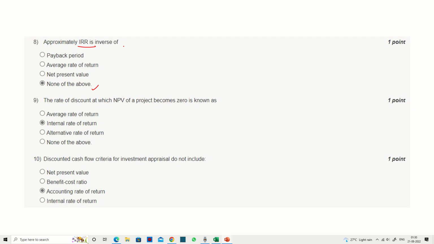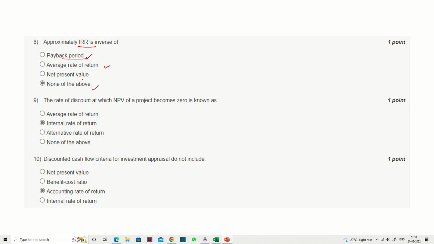Internal rate of return is not the inverse of payback period, because this is the time while this is the rate of return, and this is the time by which investment in a project is recovered fully, and this is also based on non-discounting cash flow. Similarly, average rate of return is based on non-discounting cash flow, while the IRR is based on discounting cash flow, and hence these two are not inverse.